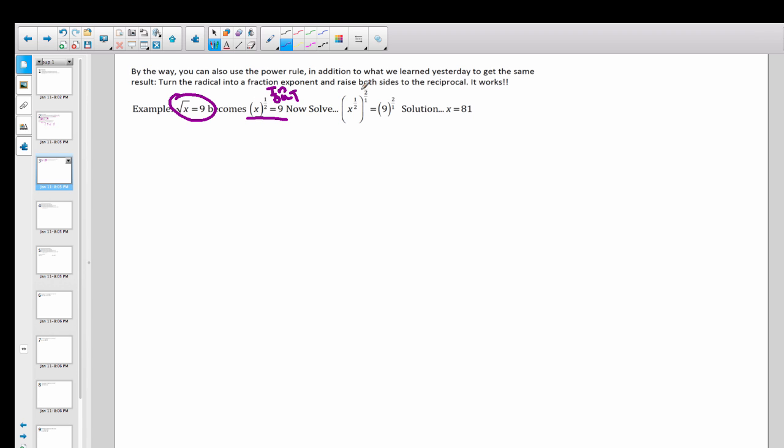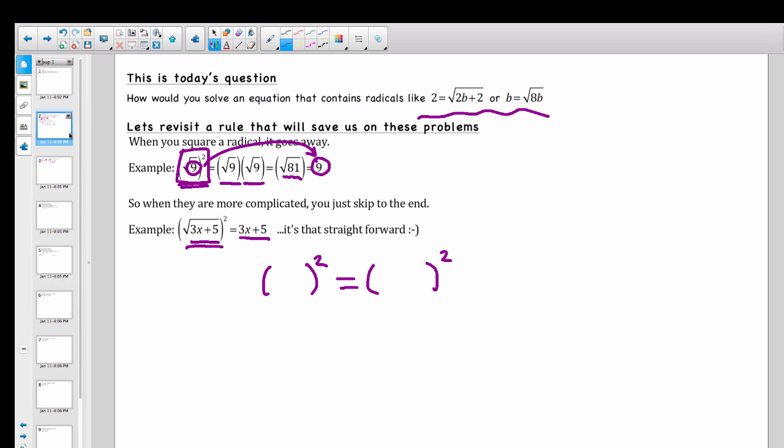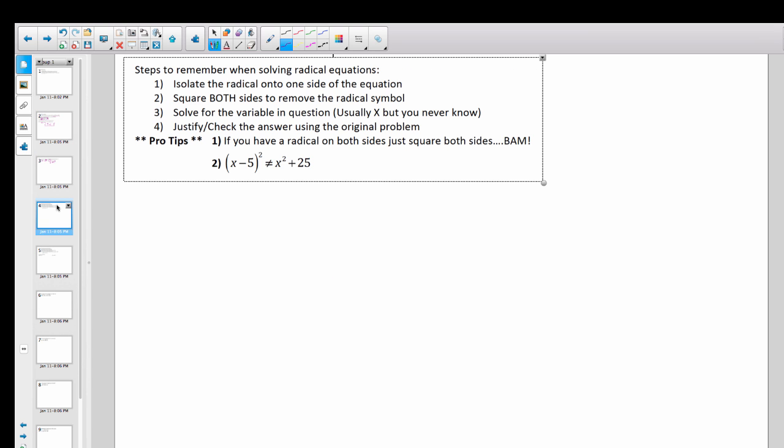You multiply it by its reciprocal, or you use the power rule to turn that into a 1. So you end up with this being x to the first power, and this guy is 9 squared. And that's how we got x equal to 81. Okay, but for this video, we'll mostly be focusing on this idea, that we'll just square both sides, get rid of the radicals.